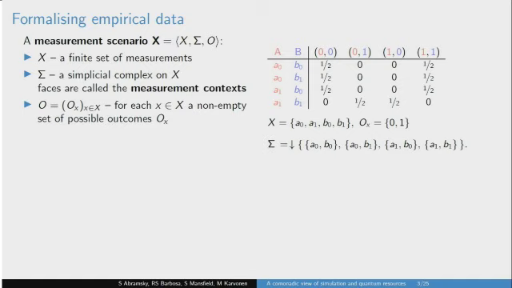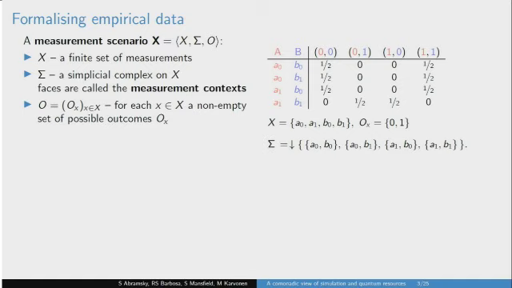You might ask where this simplicial complex structure comes from. We take it as a given. Maybe the theorist told you this is what the theory predicts, or the experimentalist says these are the things we can do together.